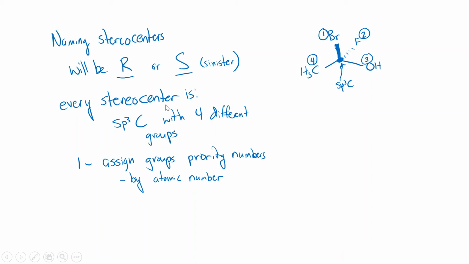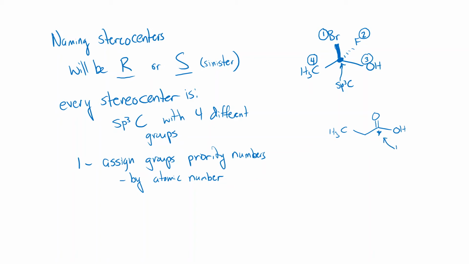So what happens if, let's say that you are looking at something like this and you want to assign priority numbers at this carbon here. Now the problem here is you have an oxygen and a carbon. You only have 3 groups connected to this carbon, and so you can't assign 4 different groups.